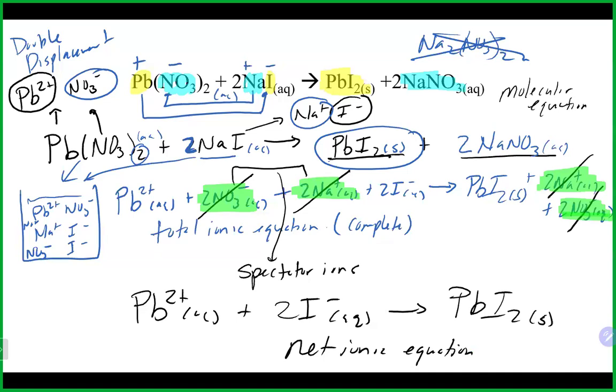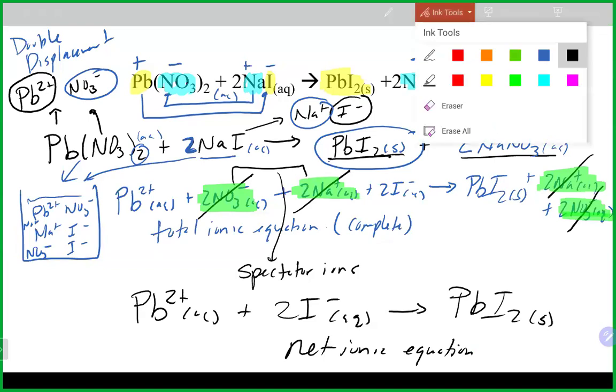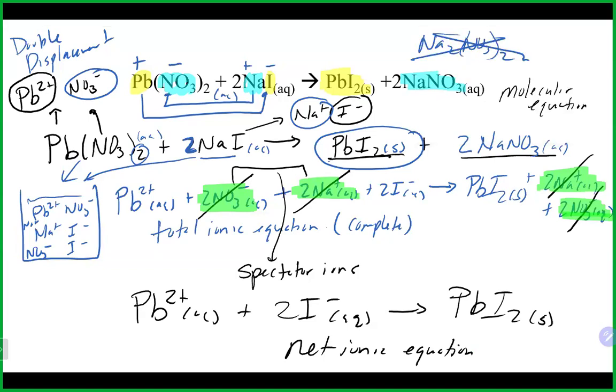Basically, when you put the lead 2 nitrate in and the sodium iodide into the solution, it is the lead 2 ions that go and find the iodide ions, and they form this solid.